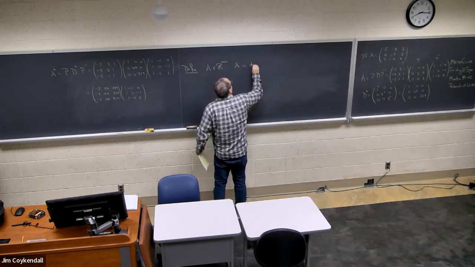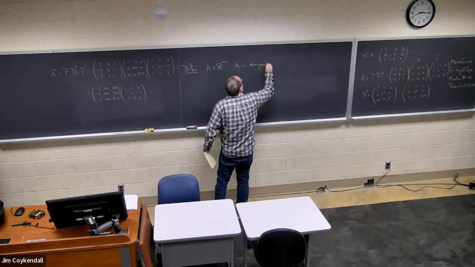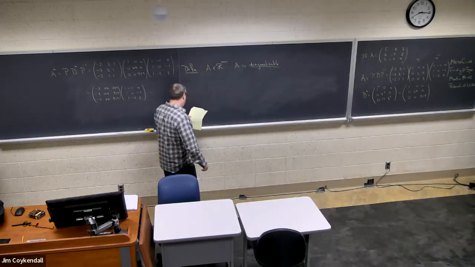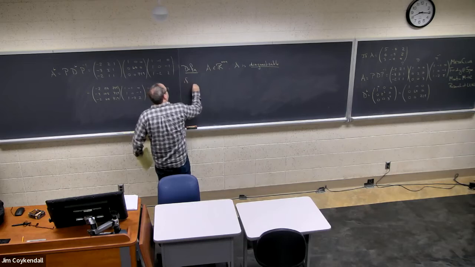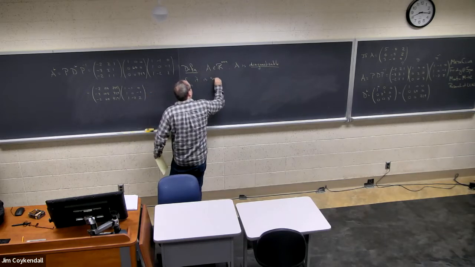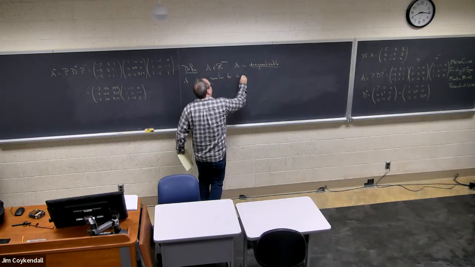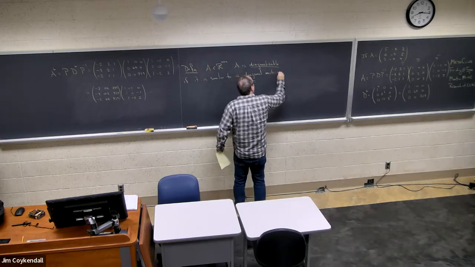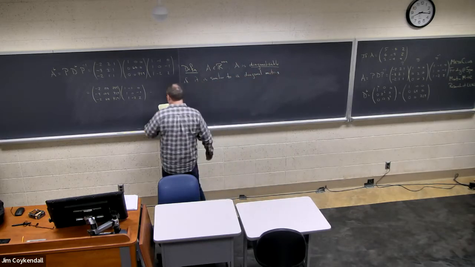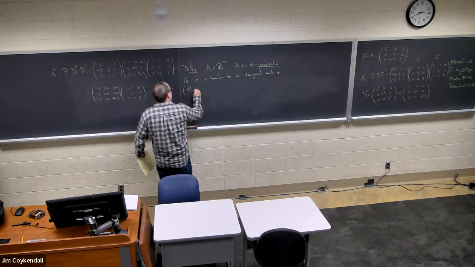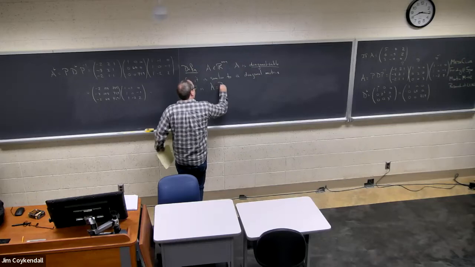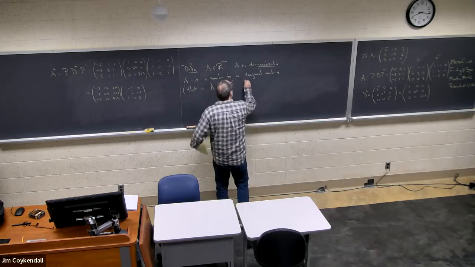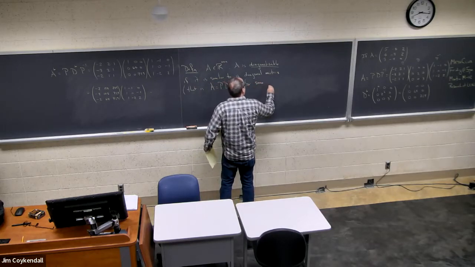A is called diagonalizable if it is similar to a diagonal matrix. More precisely, that is, A is P D P inverse for some diagonal matrix D.